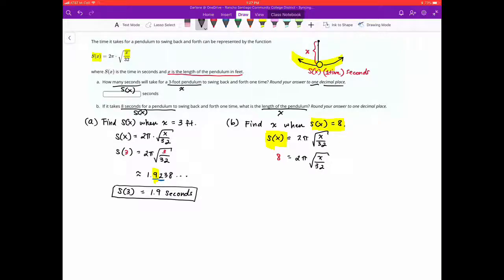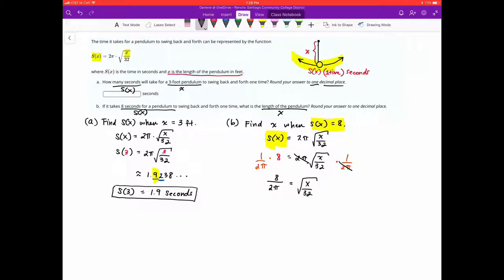The first thing I want to do is reduce out this coefficient of 2 pi, so I'll go ahead and multiply each side by 1 over 2 pi. Therefore, I get 8 divided by 2 pi equals, the 2 pi's reduce out on the right, and I'm left with the square root of x over 32.